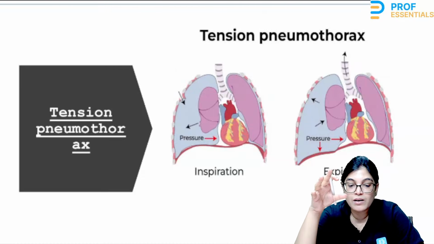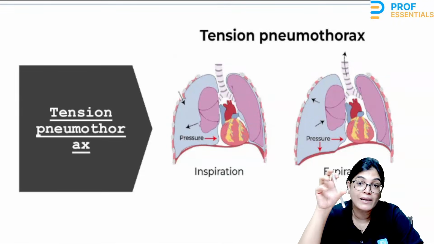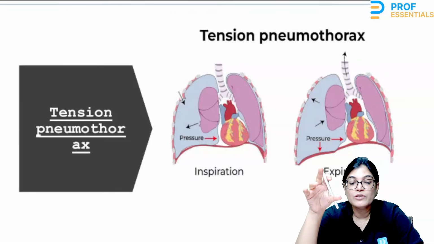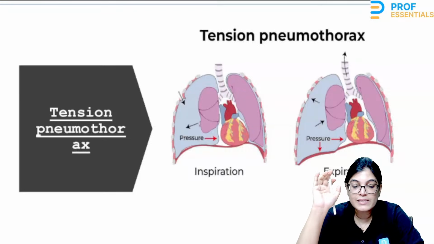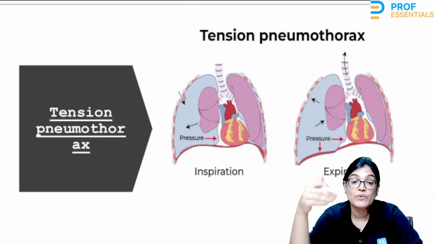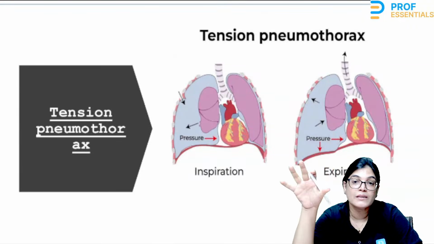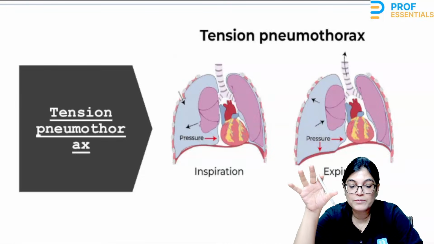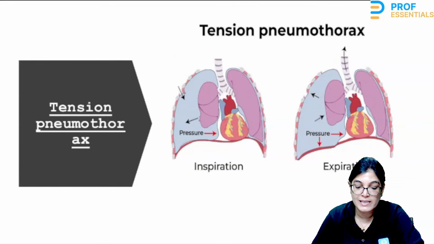Sometimes the clothing or the layer of thoracic wall combine to form a valve that lets air in through the wound during inspiration but cannot let it exit. So air pressure builds up continuously in the pleural cavity on the wounded side, pushing the lung, and it pushes the mediastinum to the opposite side. So this is an emergency condition, that is tension pneumothorax.